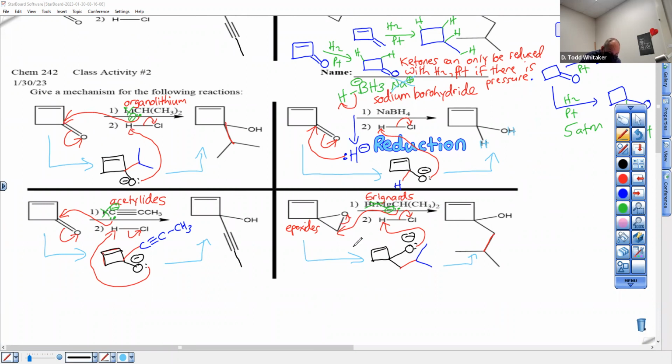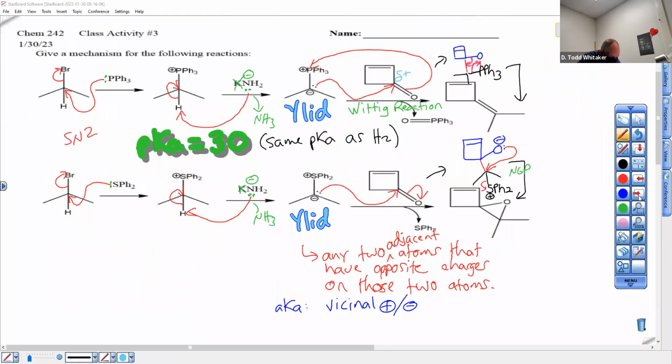I will say again, when you want a new alcohol that has the new synthesis bond to the carbon that used to be a carbonyl, you use an aldehyde or a ketone. If you want a new alcohol with the new synthesis bond between carbons adjacent to the alcohol carbon, you attack an epoxide.